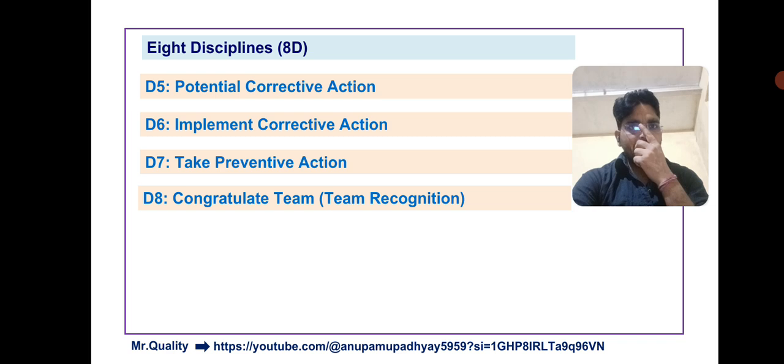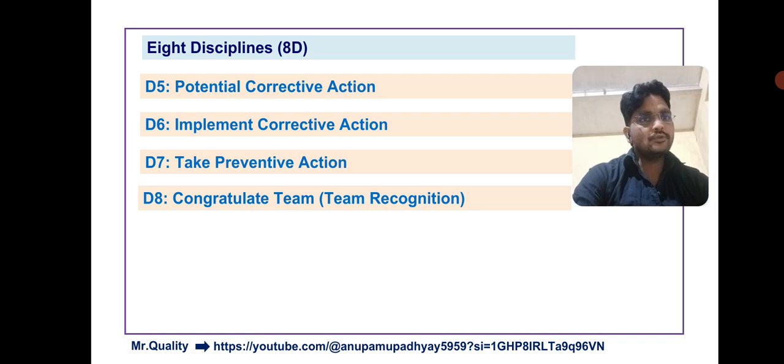And fifth one is potential corrective action. After the root cause identification, we should take the potential corrective action on that root cause. Sixth one is implement corrective action. Now we are implementing the corrective actions. And seventh one is take preventive action.